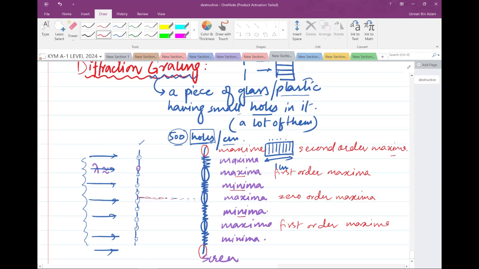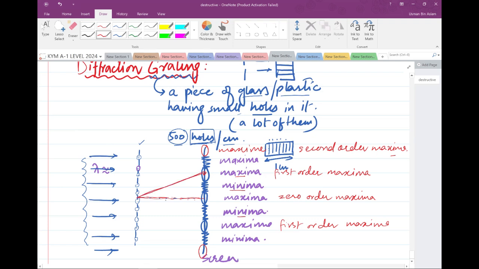So this central line, the imaginary central line, has an importance in our discussion. Imagine the first order maxima here, that means the maxima that is formed exactly above the central maxima. I join the central line and the center of this maxima with another straight line.